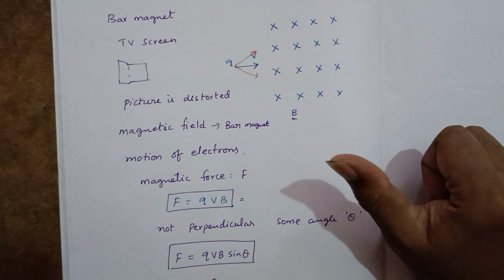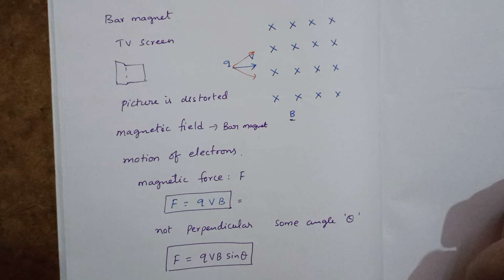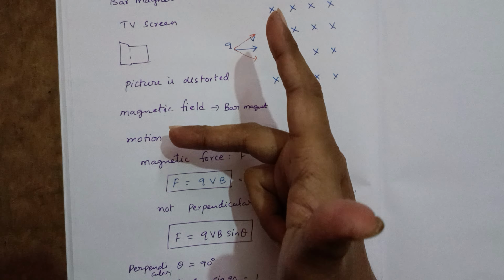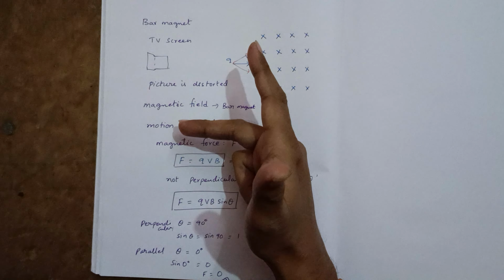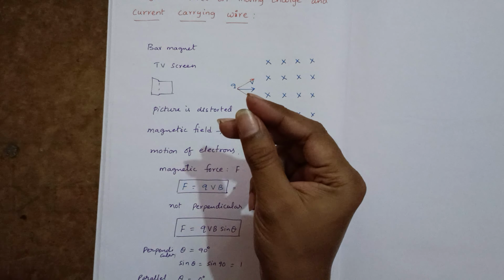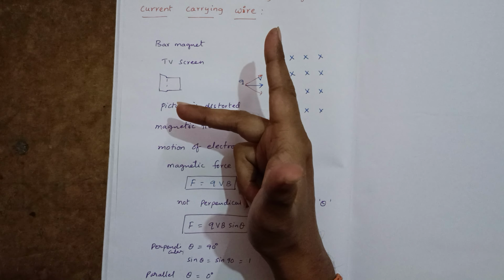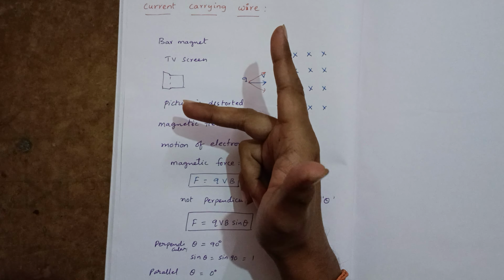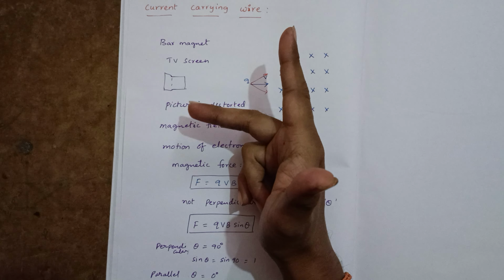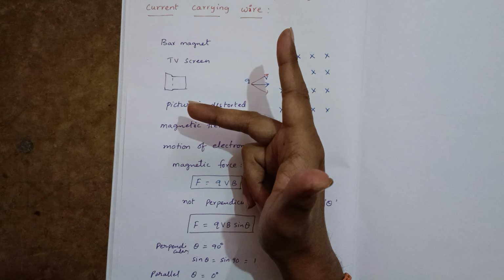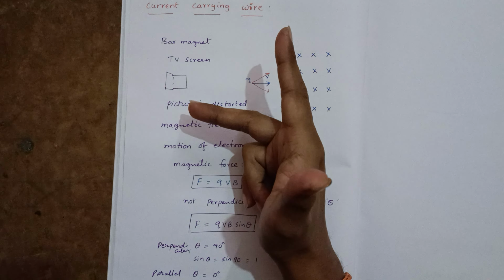To find the direction of force, we can use the right hand rule. Right hand rule means three fingers, thumb, forefinger, and middle finger, we should place perpendicular to each other.